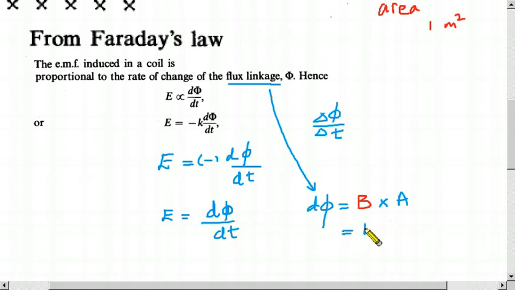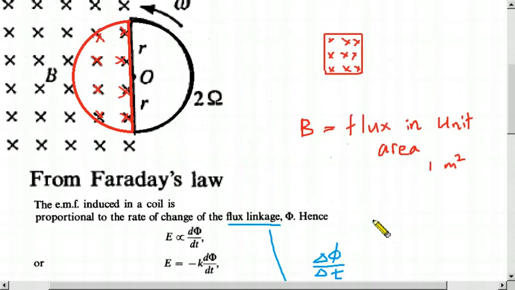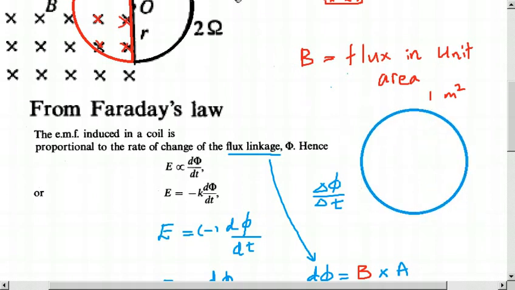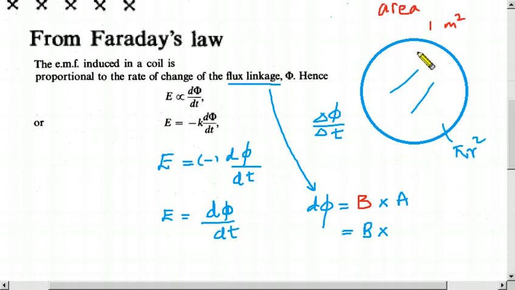So B is given, so the area we have to find out. What is the area? If it were a full circle, the area is pi r squared, but here we have only half, so pi r squared divided by 2 is the area here.